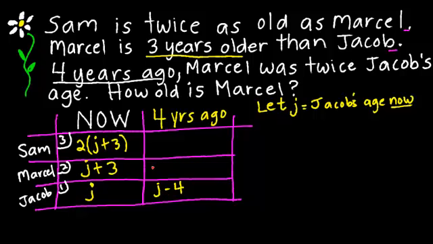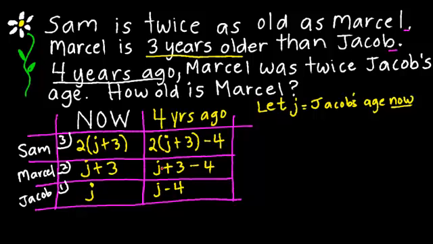And Marcel was also 4 years younger, so I'm going to take his current age, J plus 3, and subtract 4 for that expression. And Sam was also 4 years younger, so I'm just adding on minus 4 to all 3 of these: 2 times (J plus 3), and then a minus 4.